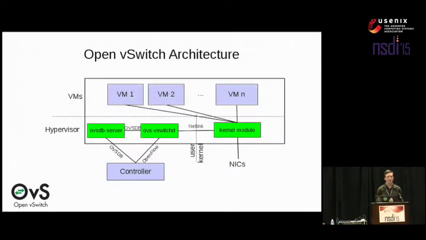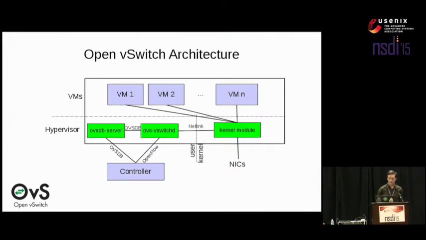The second component, ovs-vswitchd, is the daemon that actually does the network switching and the data plane components of the switch. It connects also to that same controller remotely over the OpenFlow protocol, which is the main protocol we use for data plane configuration.